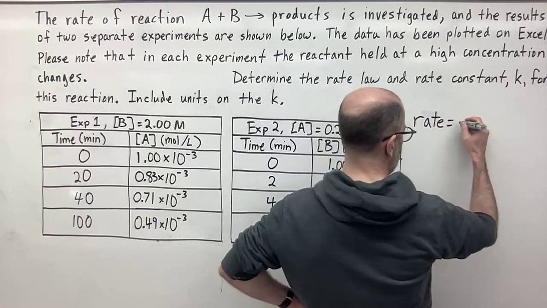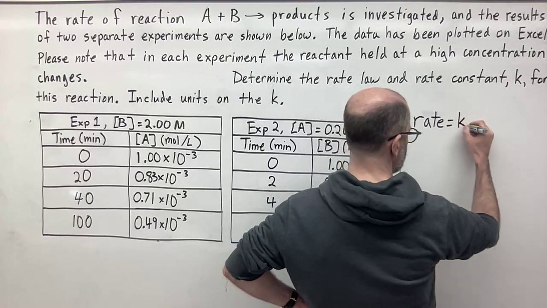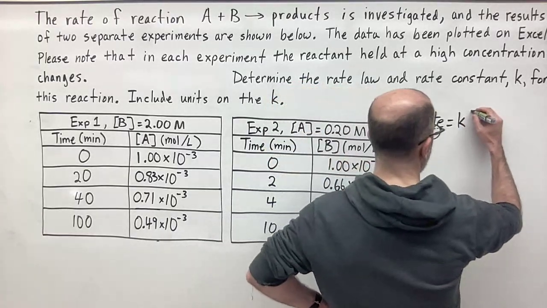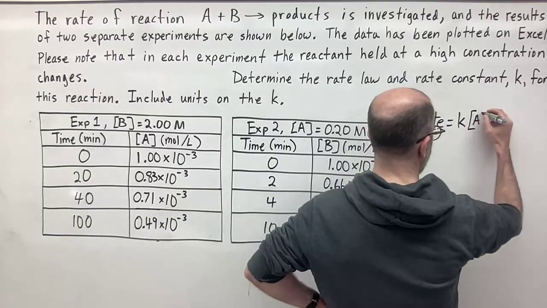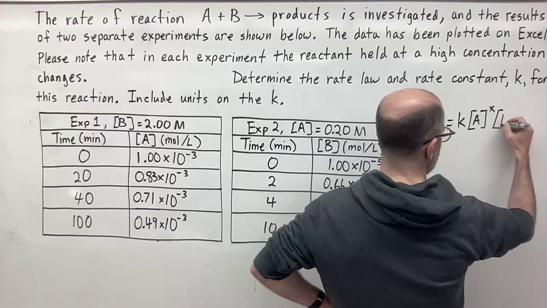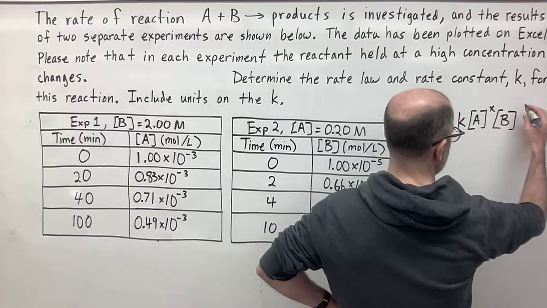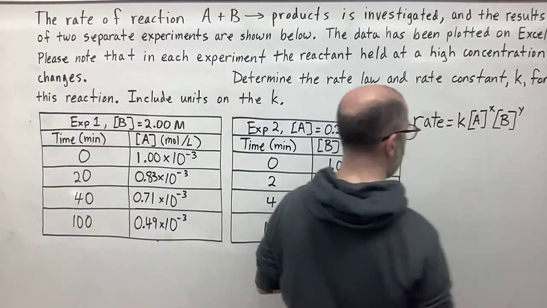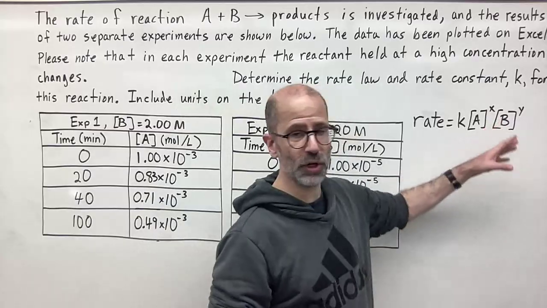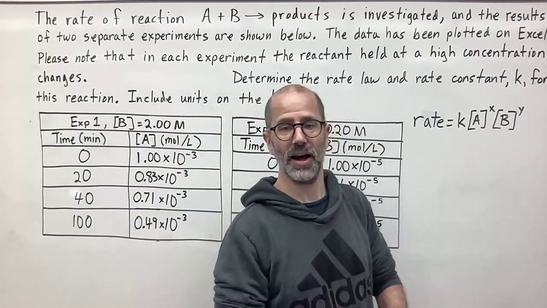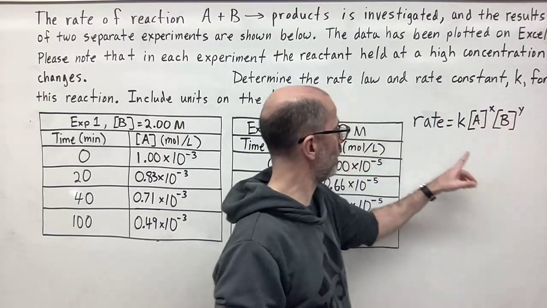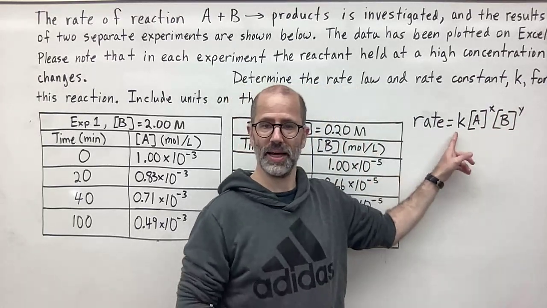The rate of the reaction would be equal to some constant K, called the rate law constant, multiplied by the concentration of A raised to some power X, multiplied by the concentration of B raised to some power Y. So what we need to do is figure out what the orders are with respect to A and B, and that's what X and Y are. So we need to figure out X and Y, and we need to figure out what K is and the units.